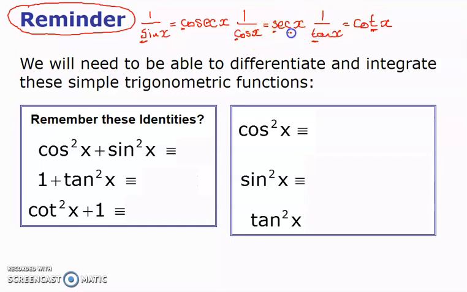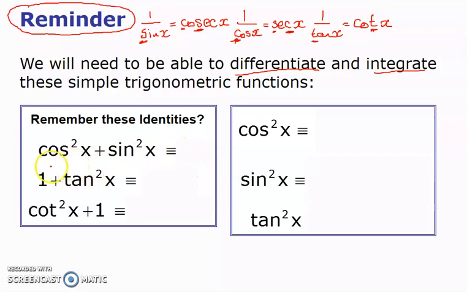The third letter here is the C, and it was 1 divided by cos. The third letter here is the S, and it's 1 divided by sine. So these 3 functions are very useful. We will at some point have to try to differentiate and integrate functions. Probably not today, but we'll look at that in due course.